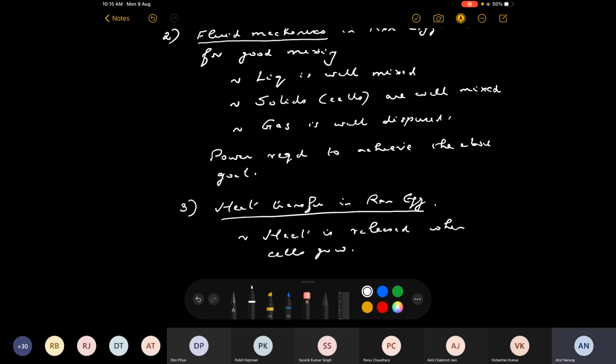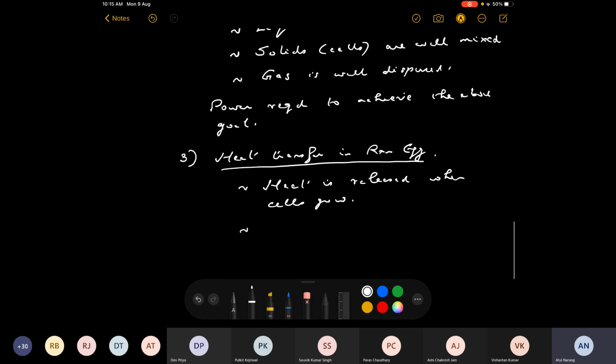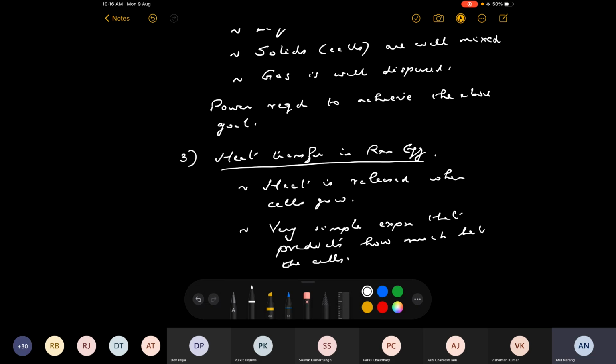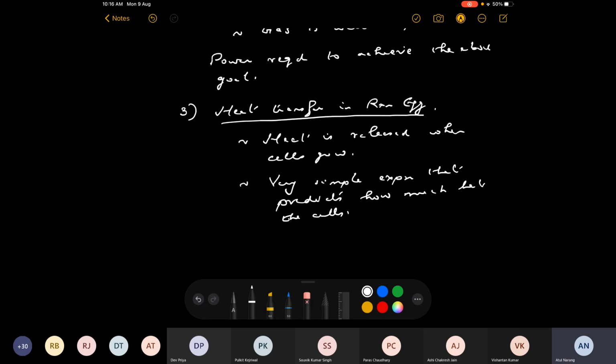And it turns out that there's a very simple thermodynamic expression that predicts how much heat they release. It comes out of thermodynamics and basically says that the more oxygen they consume, the more heat they release. Okay, this is the main thing. This is basically how they release heat.